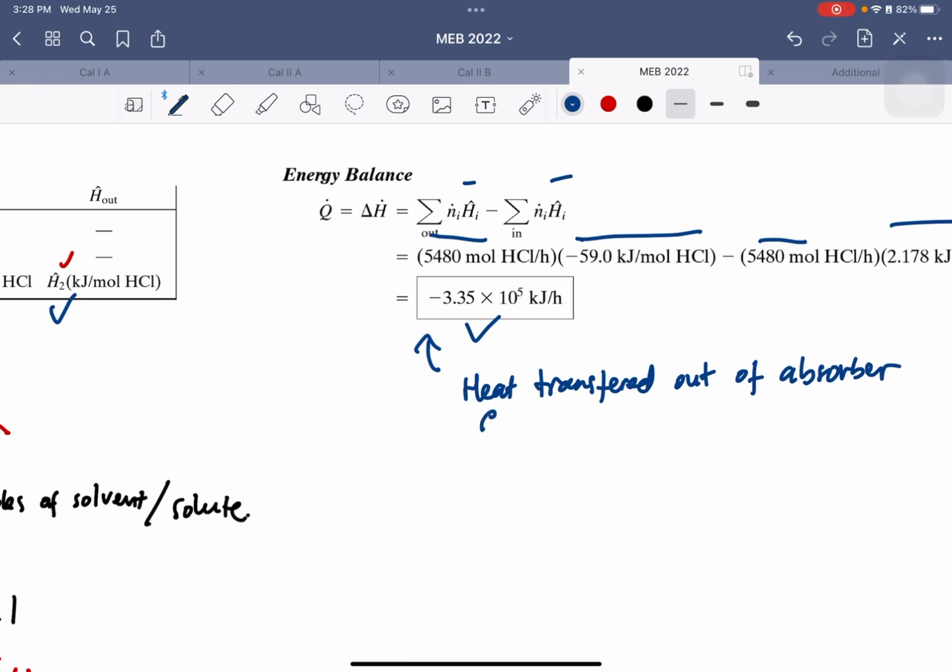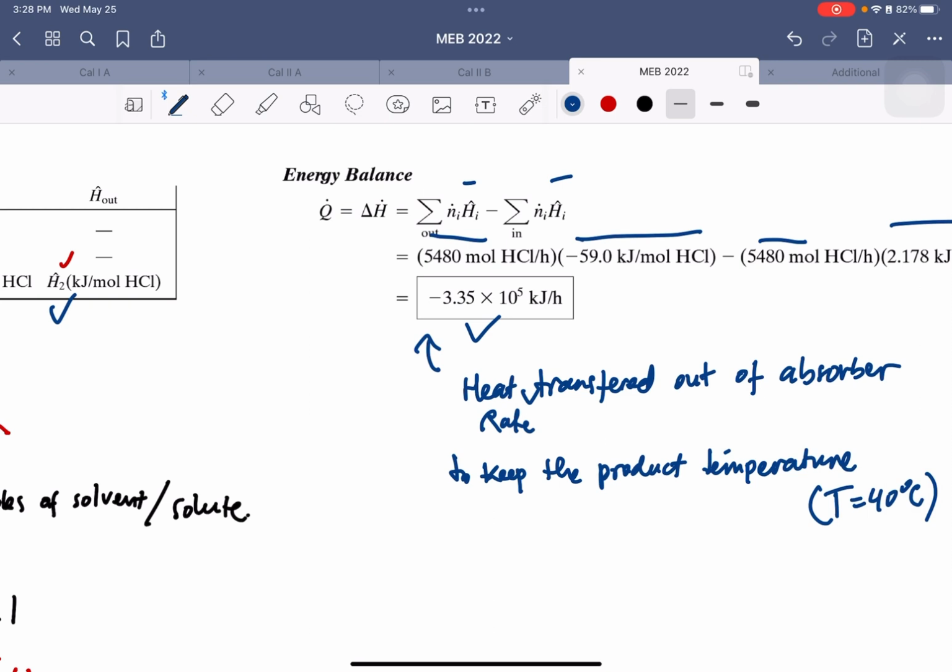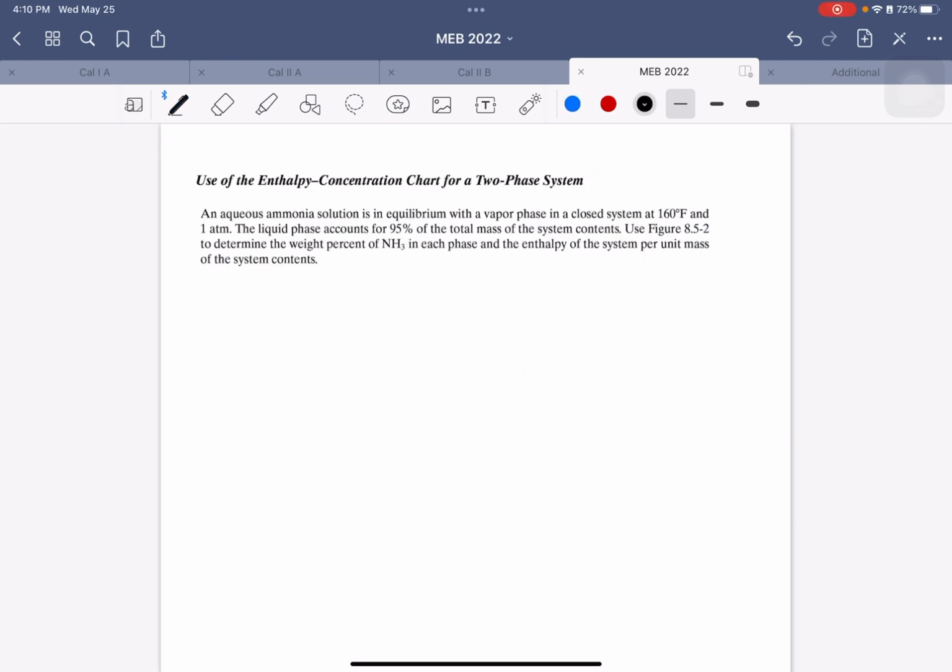The heat rate transferred out of absorber to keep the product temperature. Okay. So it should be 40 degrees Celsius.